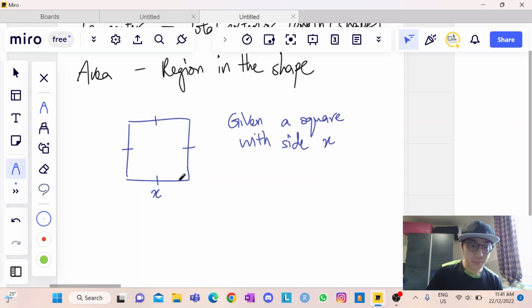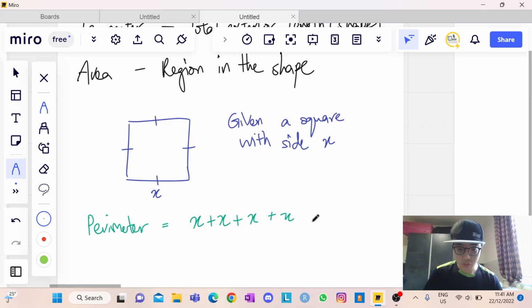So one part here is x, and every place is x, and we have four sides for a square. All right, so perimeter is equal to x plus x plus x plus x, which in turn will give you the perimeter is 4x. All right, it's just that simple.